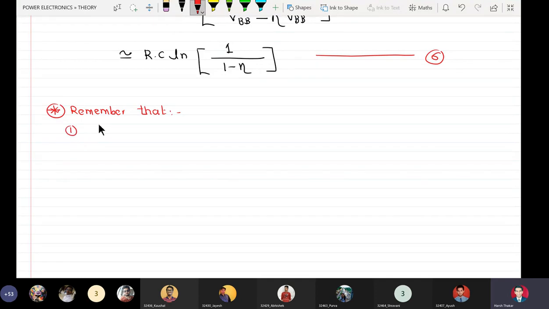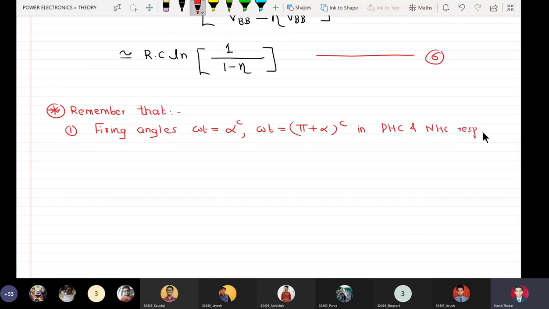Remember that the firing angles omega t equal to alpha and omega t equal to pi plus alpha radians in the positive half cycle and negative half cycle respectively are referenced to omega t equal to 0 radians and omega t equal to pi radians respectively.